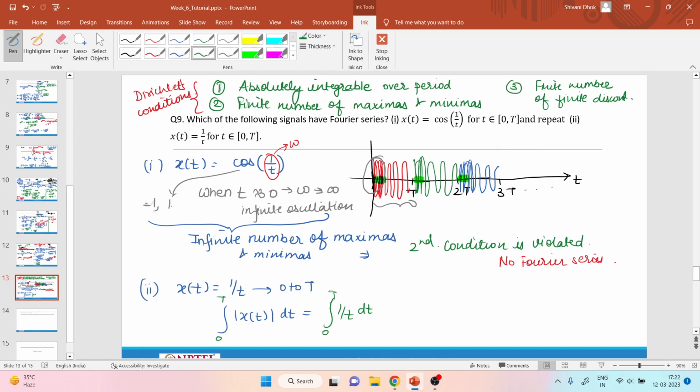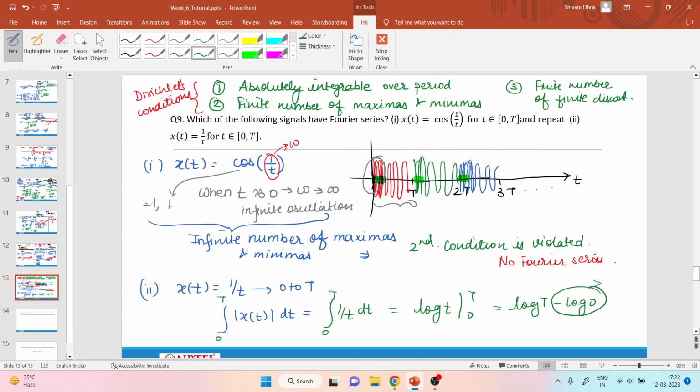Now 1 by t actually gives me log t from 0 to capital T. This is equal to log T minus log 0.